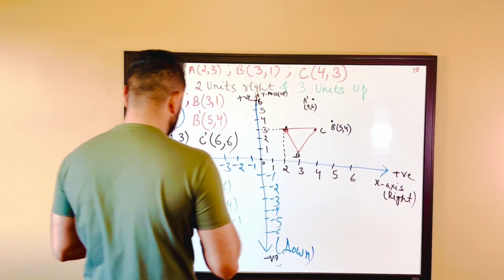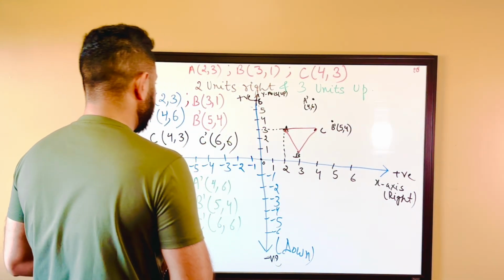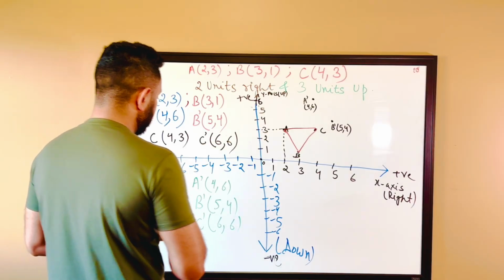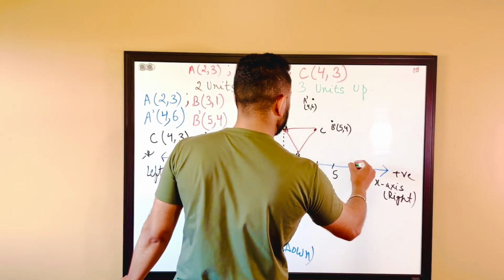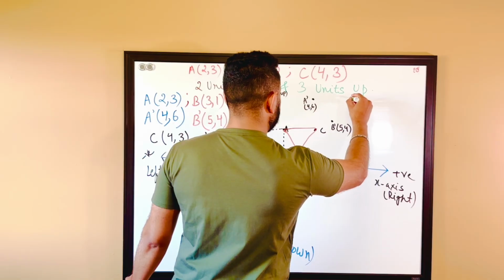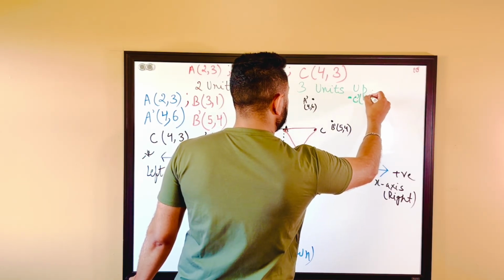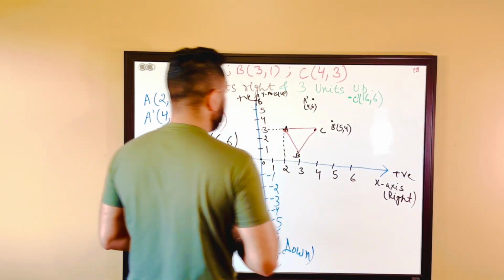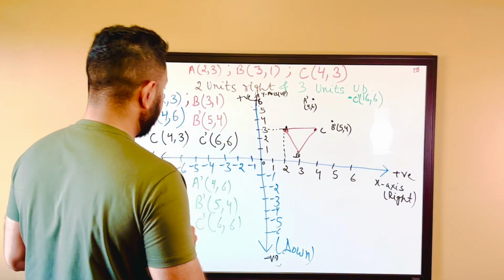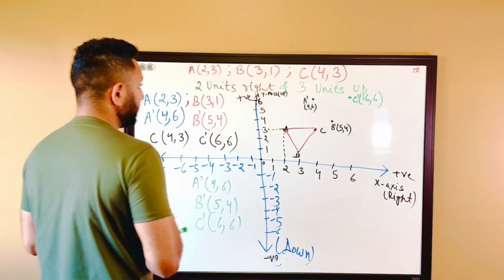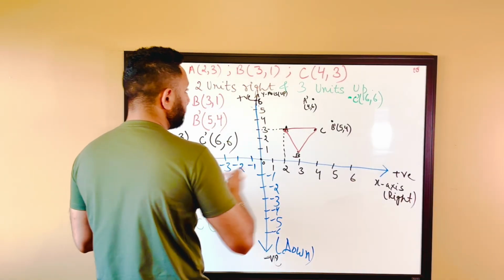And C dash 6, 6, so 6 here, 6, 6. So this is C dash 6, 6. So now we're going to join these points.